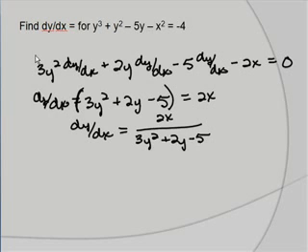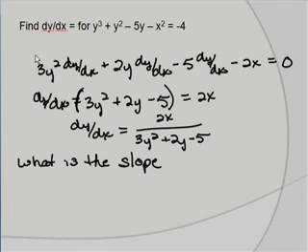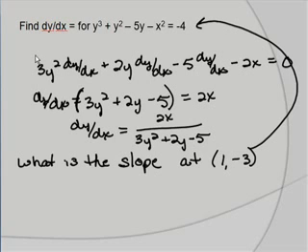So let's say we wanted to know what is the slope of the curve at the point 1, negative 3. So 1, negative 3 is a point on our original curve. So to find the slope at that point, we substitute into our derivative, which is our formula for slope.